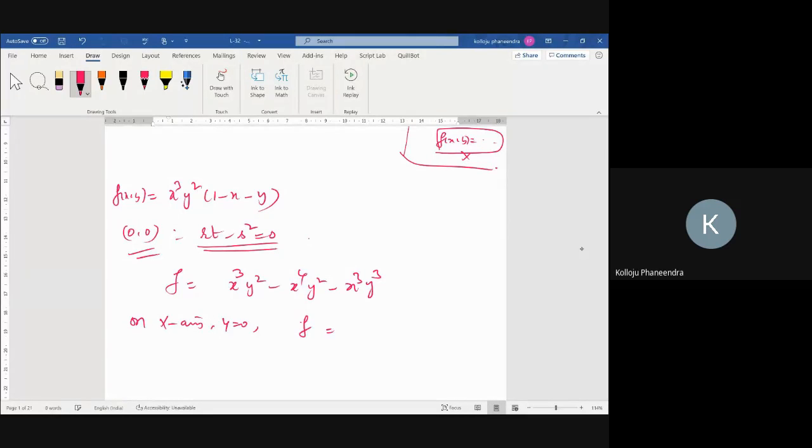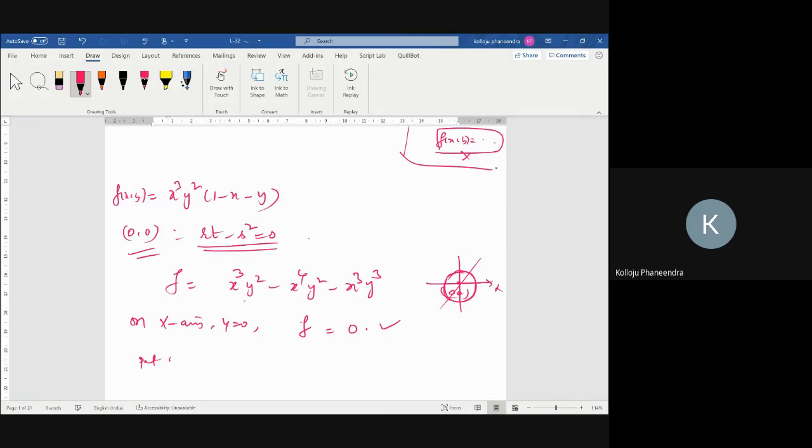Therefore the function becomes 0, since y equal to 0 means everything is 0. So f value is 0, right? This is a point on the x-axis. The neighborhood means some epsilon radius, so I can consider some line also.